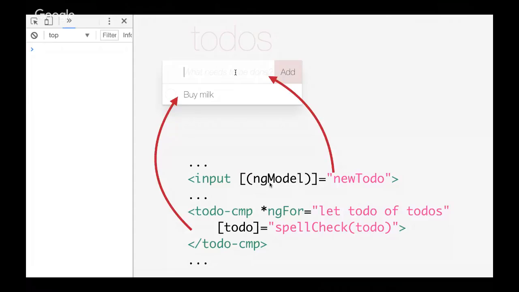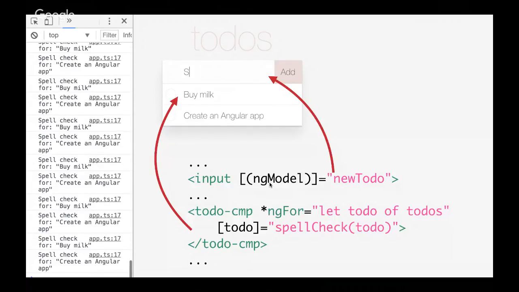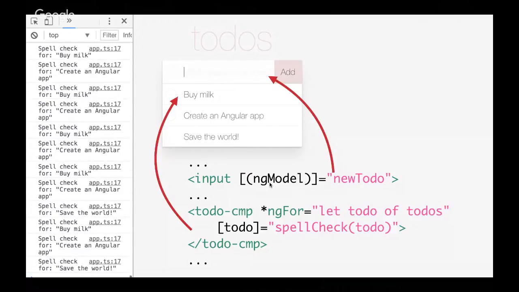And let's see how many times we're going to trigger the change detection only by typing into the input field. So we're typing, and you can see in the console here, each message corresponds to one invocation of the spell check method that we're invoking when we're passing the to-do item. So this is quite intensive.